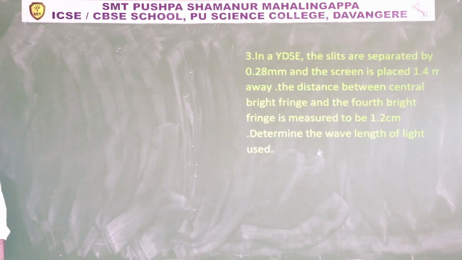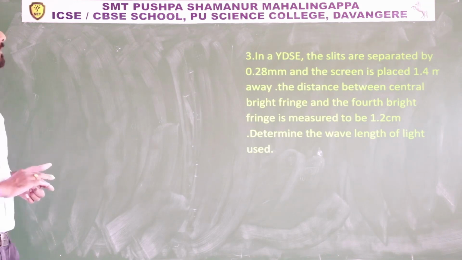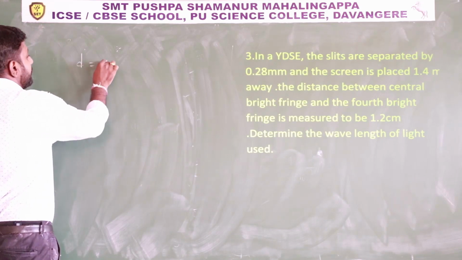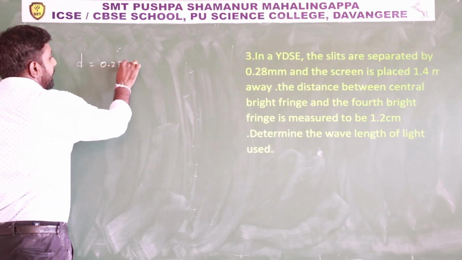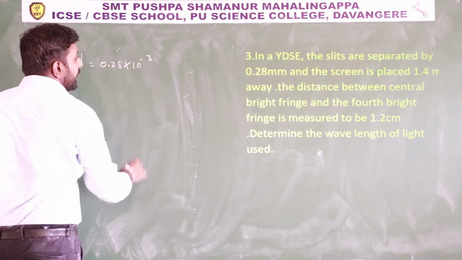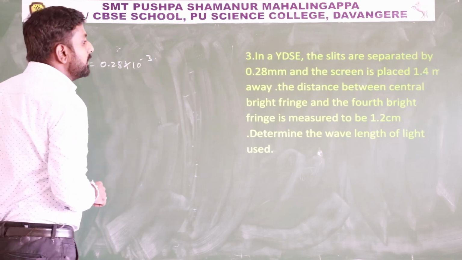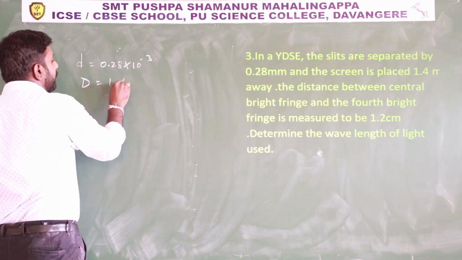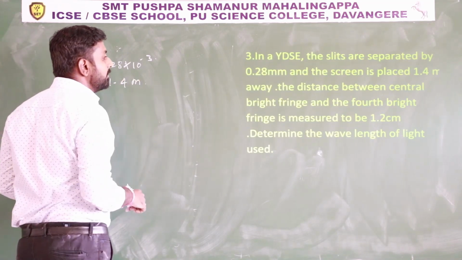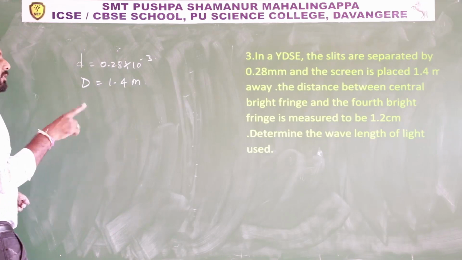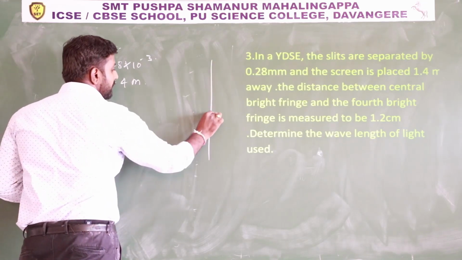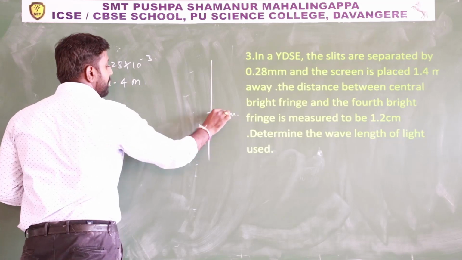And next problem: in Young's double slit experiment, the slits are separated by small d, which is 0.28 millimeter, 0.28 into 10 to the power minus 3. The screen is placed 1.4 meter, capital D, away. The distance between the central bright fringe and the fourth bright fringe: this is the screen, this is the central bright fringe, central maxima.